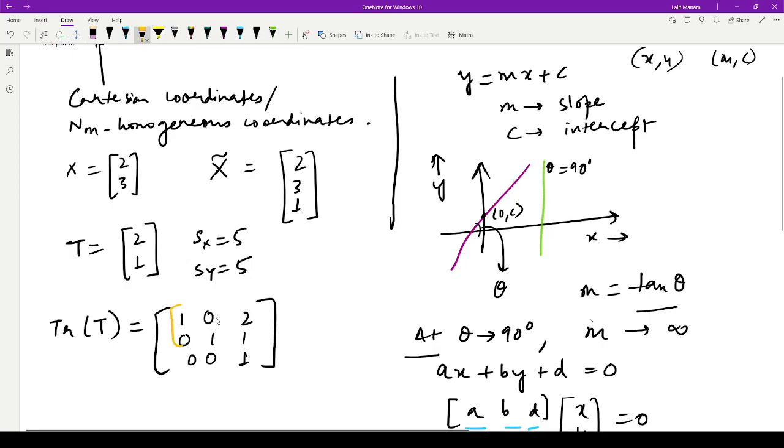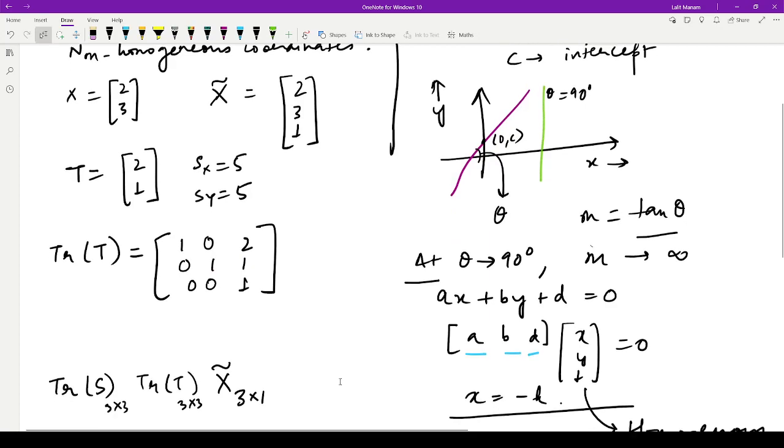This specific part is always the identity for translation transformations. This is what the actual translation given in the question is, and the last row will always be 0 0 1. That's how you define the transformation corresponding to the translation. Is this clear? I think it's clear.